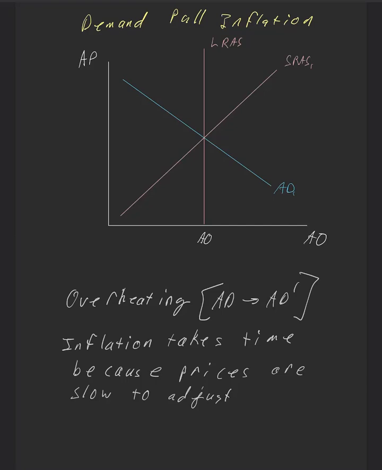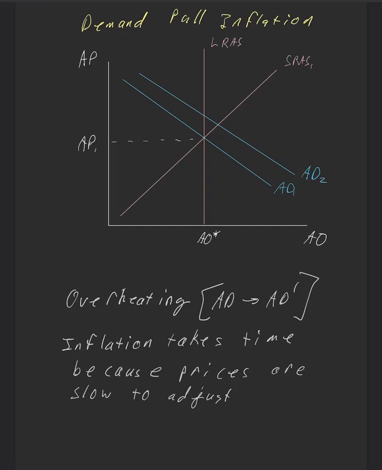Here, we're at the equilibrium output, and we have some initial level of prices. Okay, so this is long-run equilibrium, just like we've seen before. Then demand increases. So this is that demand-pull.